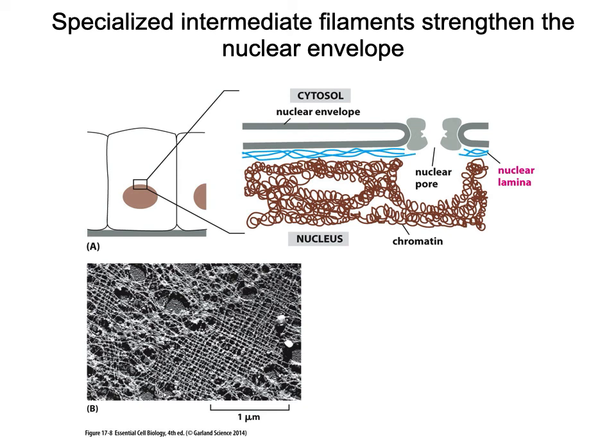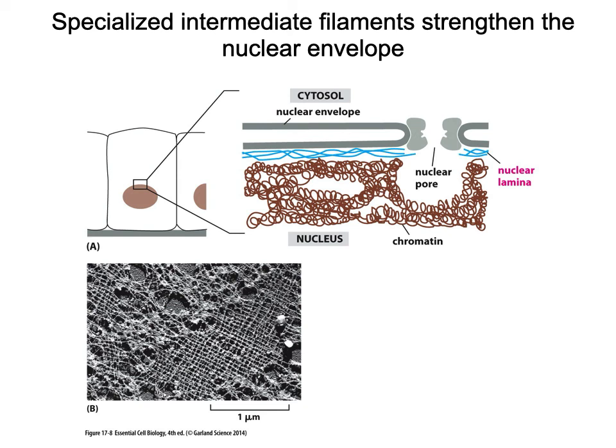And if you went back to Unit 2, when we were talking about transporter proteins, when they're being transported from the cytosol into the nucleus, they have to go through the nuclear pore. And in there's some of those filaments that create almost that basket that allow to regulate which proteins are going to come in, because larger proteins wouldn't be able to come in because the basket would catch it from being able to go into the nucleus.